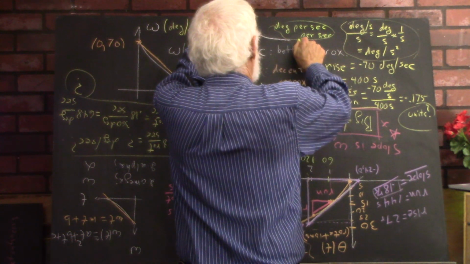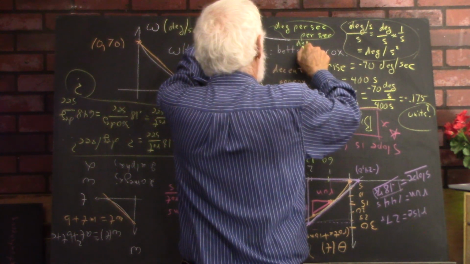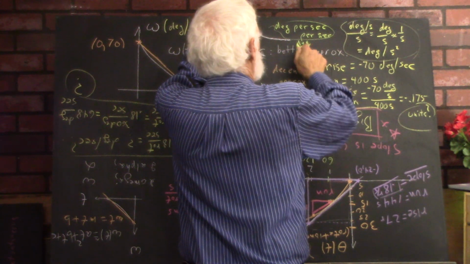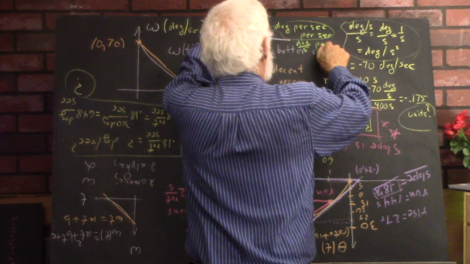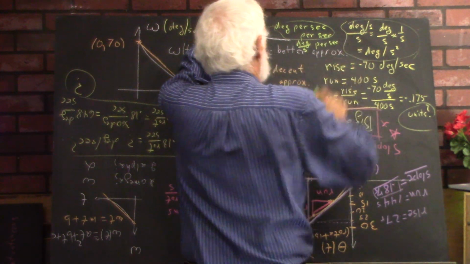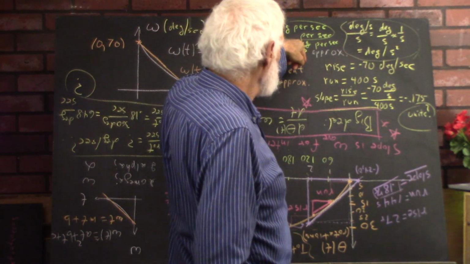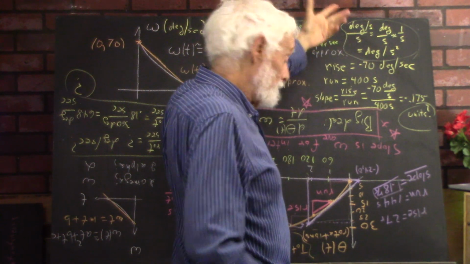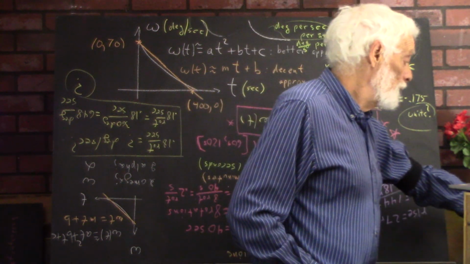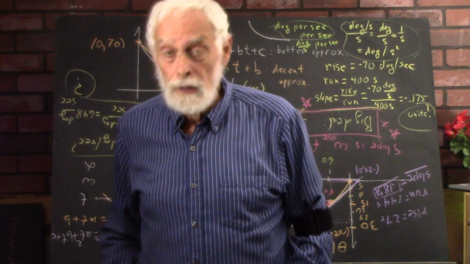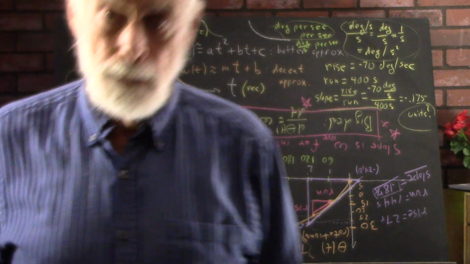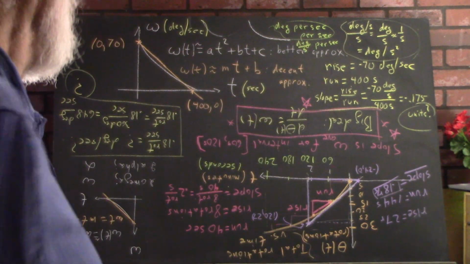Or if you want, degrees per second. It's how many degrees per second your omega changes every second. A meaning that you really want to ponder because it's not intuitively obvious. Okay. Let's see, I think that's all.